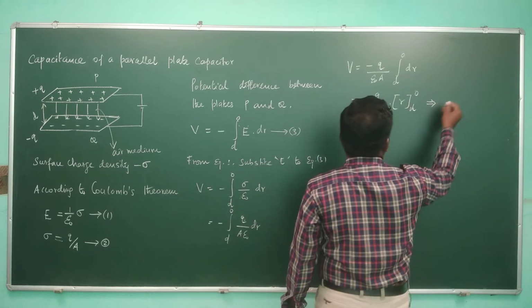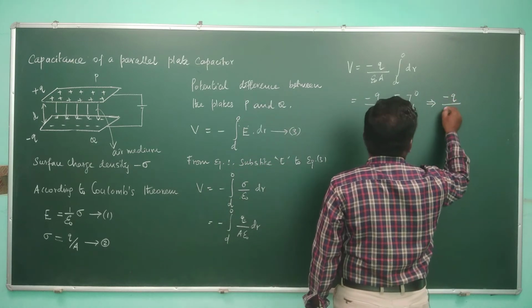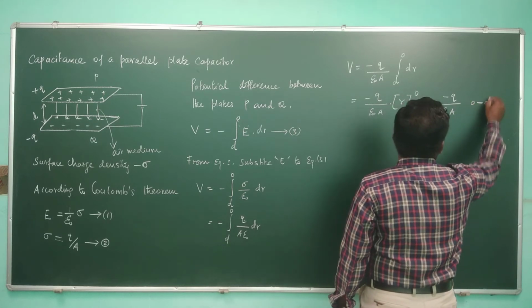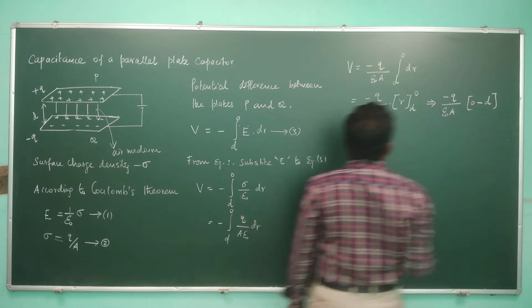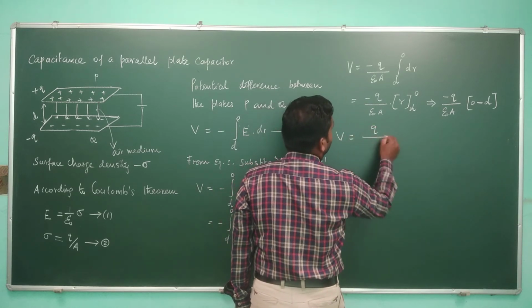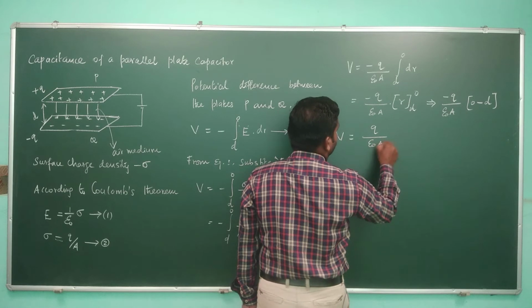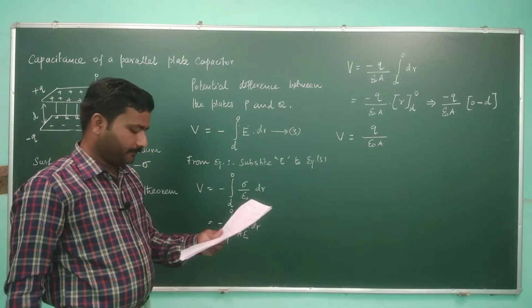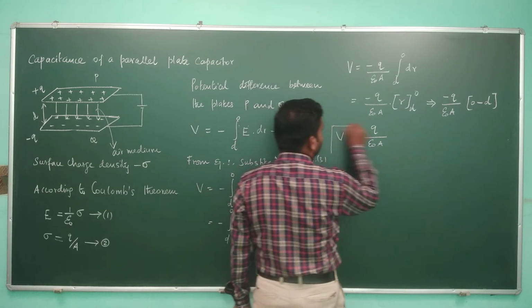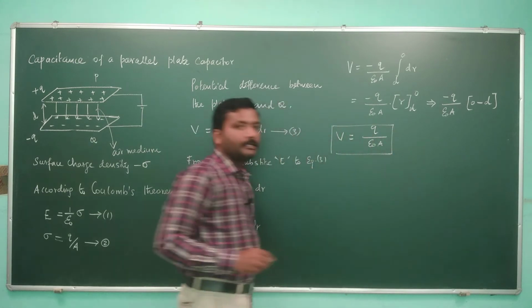This will give us minus Q by epsilon naught A times 0 minus D, so that the potential difference becomes QD by epsilon naught A. This is the potential difference of the parallel plate capacitor. This is equation 4.